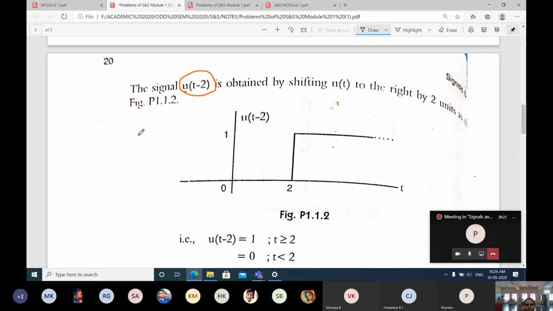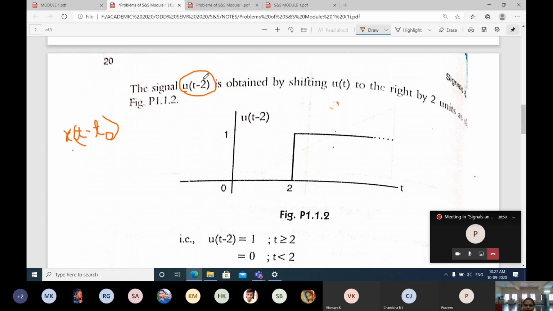What is the t naught value here? Actually, what is the shifting operation? The shifting operation is x of t minus t naught. What is the t value here? Actually, x of t is equal to x of t minus t naught.